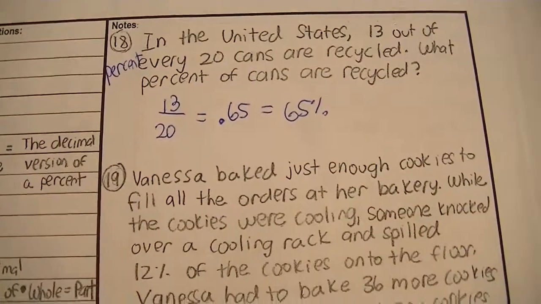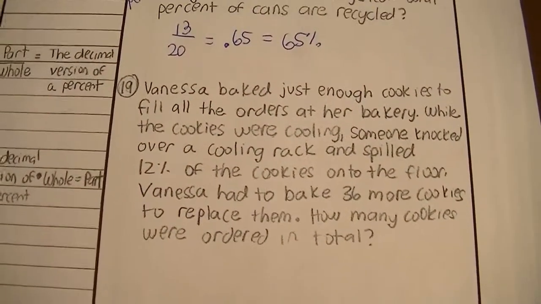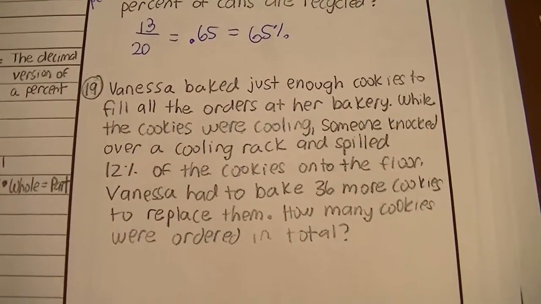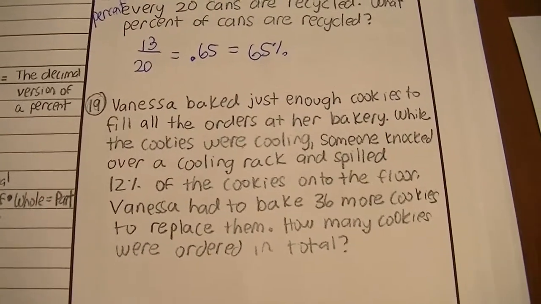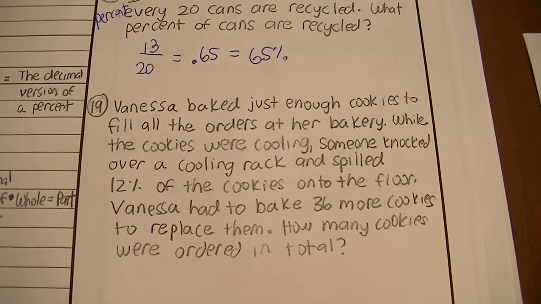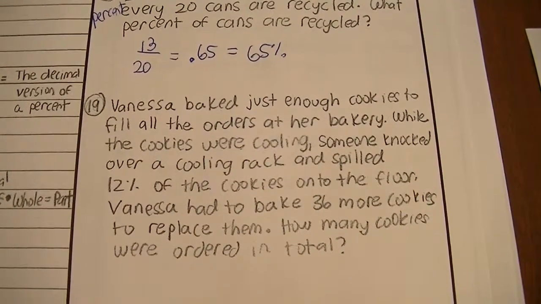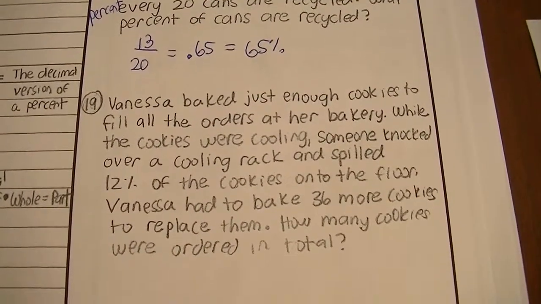Okay, number 19. Again, I'm going to use this one. Use any one you want, but we should have the exact same answer. Vanessa baked just enough cookies to fill all the orders at her bakery. While the cookies were cooling, someone knocked over a cooling rack and spilled 12% of the cookies onto the floor. Vanessa had to bake 36 more cookies to replace them.